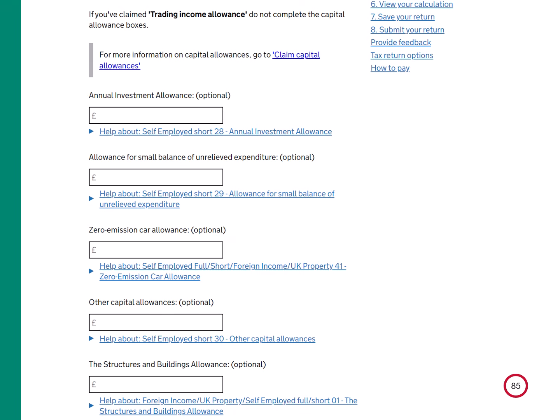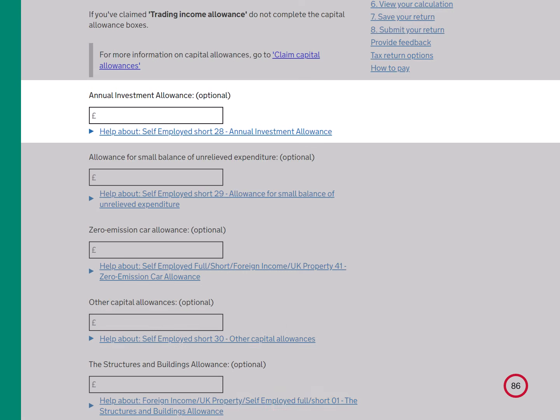As you can see, there are different boxes for the different types of capital allowances. We'll briefly look at some of these. This first box is for annual investment allowances, sometimes known as AIA. With AIA, you can enter the full value of an item that qualifies for AIA.